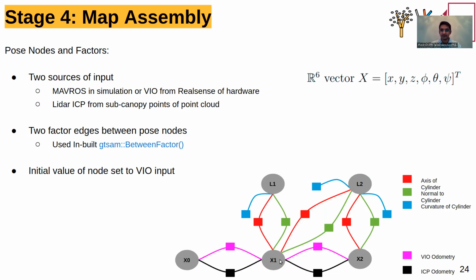From X1, if we assume that the sensor could see landmark 1 or branch number 1, then certain connections are made to landmark 1. And if it can also see landmark 2 or branch number 2, again, additional connections are made to landmark 2. And similarly, from X2, a few more connections are made to L2. And these connections are explained in the next slide.